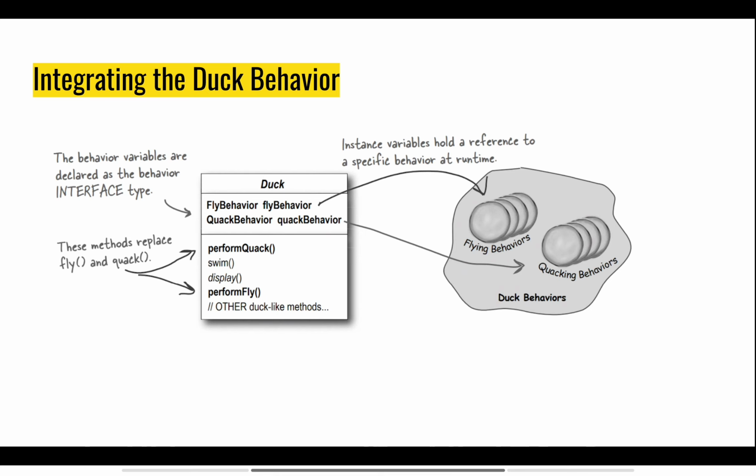Now let's integrate what we have learned so far into our original Duck class. The behavior variables are declared as the behavior interface type, and we added the performFly and performQuack methods. performFly uses the fly behavior and makes a call to the fly method.